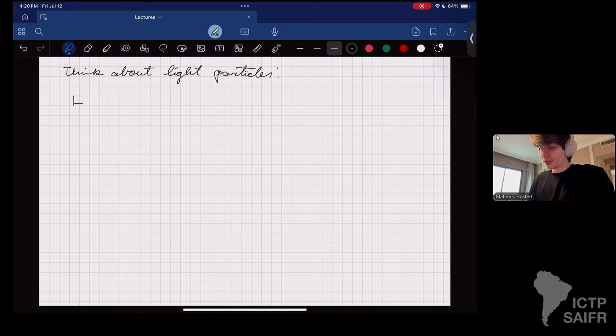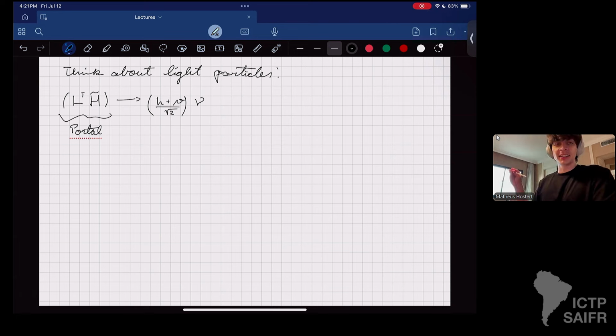As we saw before, when we wrote down this combination, at low energies it gave rise to what I can call a portal, where I'm attaching a new type of particle at the end of it, in this case, the new particle N.